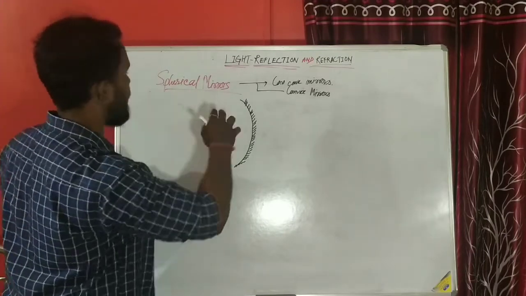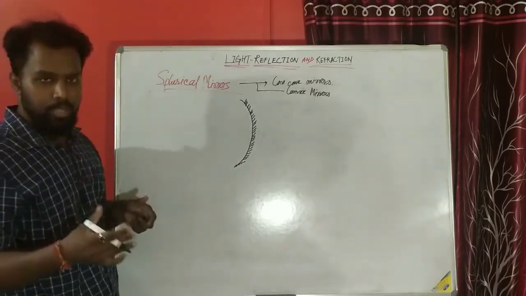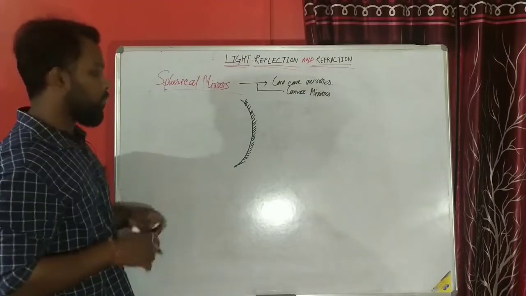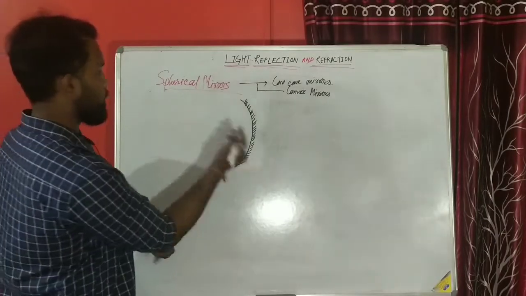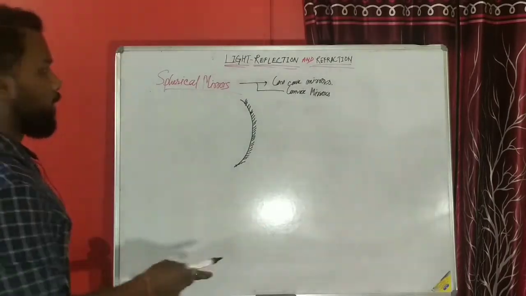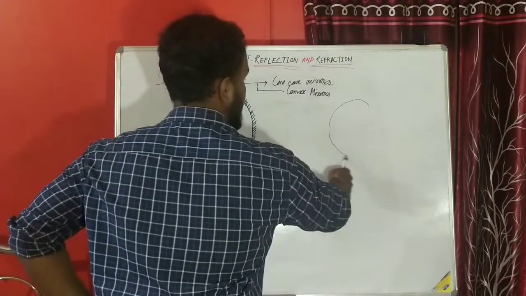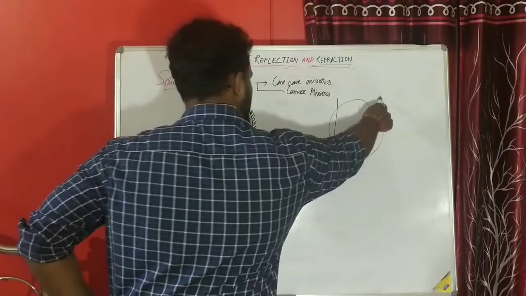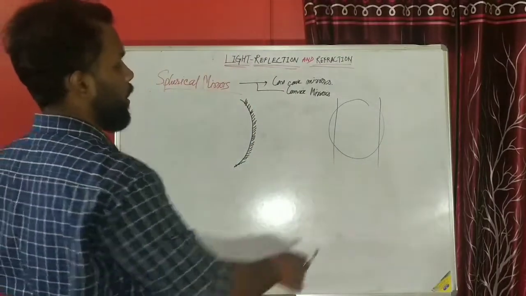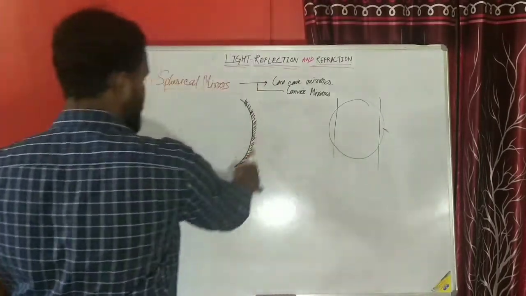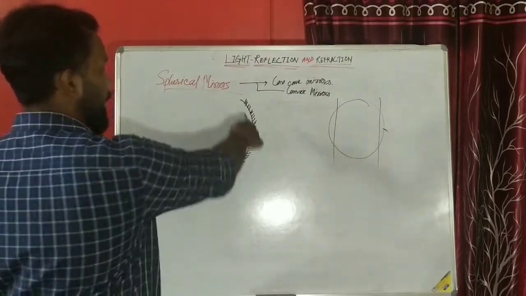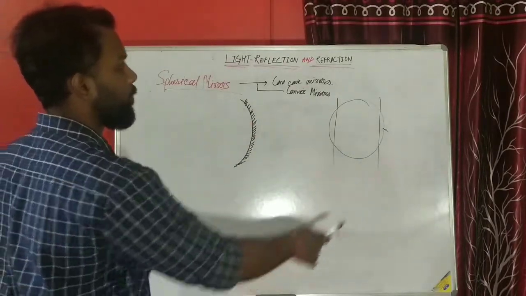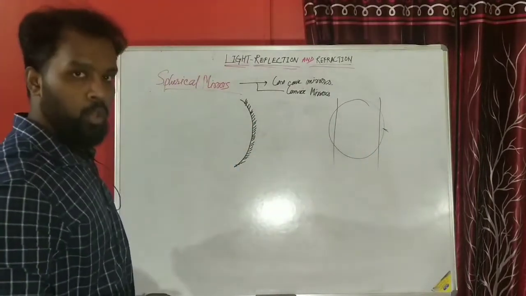That's why we can get images when the polishing is done. See, as I have said, if you draw a sphere and you cut two faces, this face is nothing but this face, no? That means this concave mirror we are getting from a sphere.